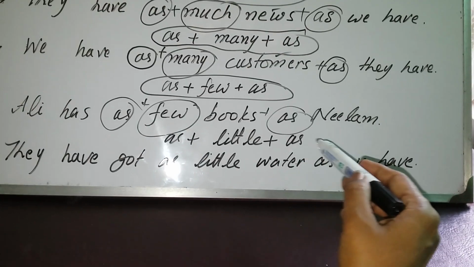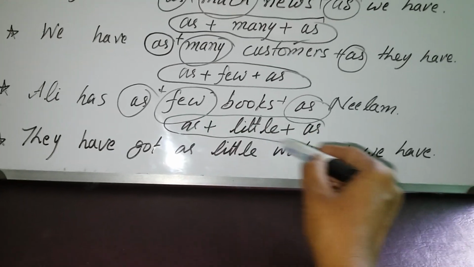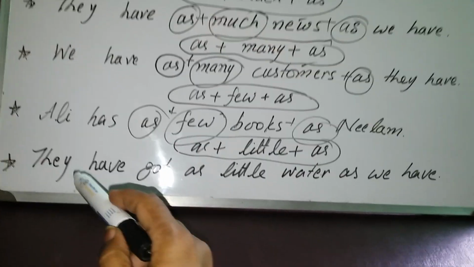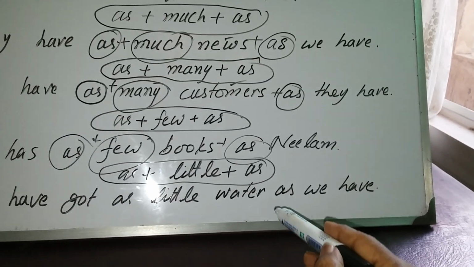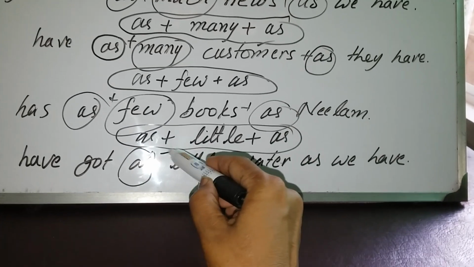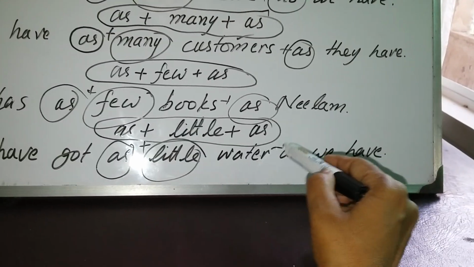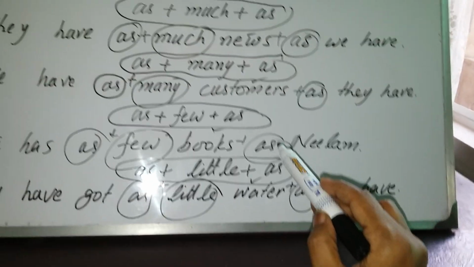The next one, as little plus as. Example, they have got as little water as we have. As plus little plus as. This is a noun, and this is also a noun.